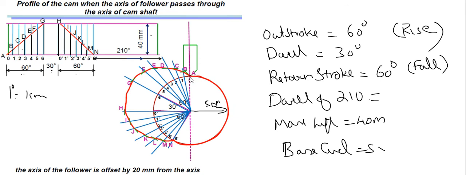Then we have an outstroke of 60. So from that position you mark a 60 here, then a 30 degree, then again a 60. Then last one will be, because total is 360, 60 plus 30 plus 60 is 150, and then 210 degree. That we need not mark because there is nothing to draw there.